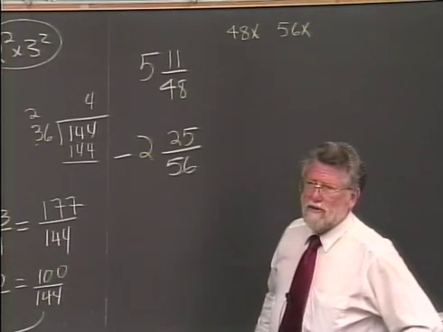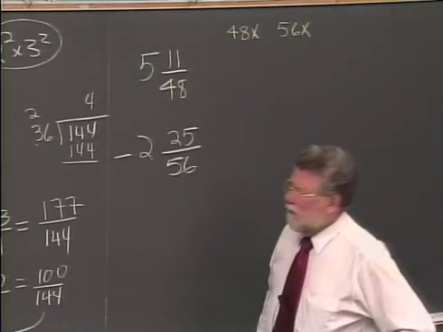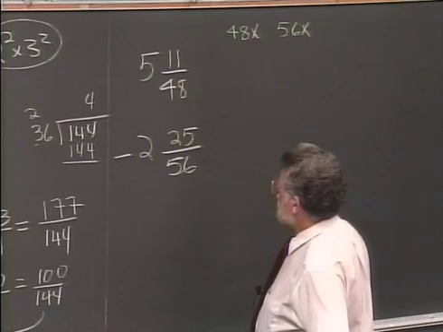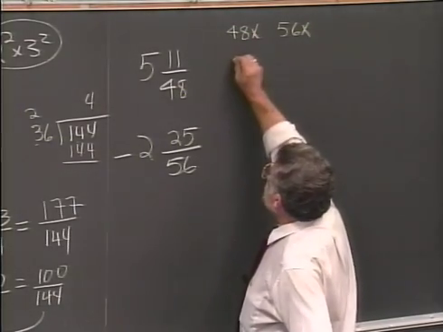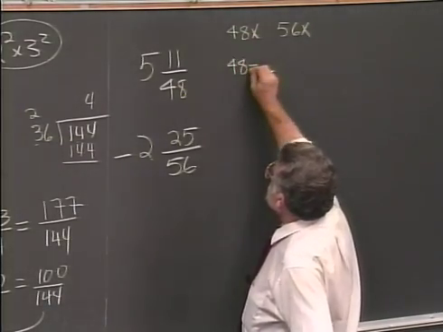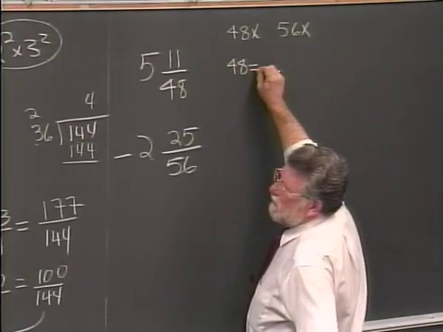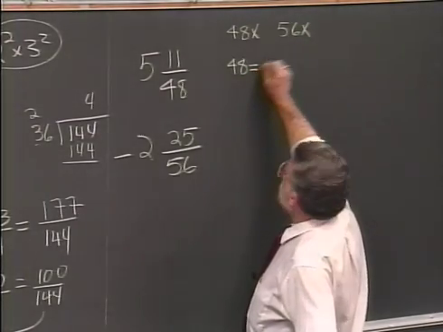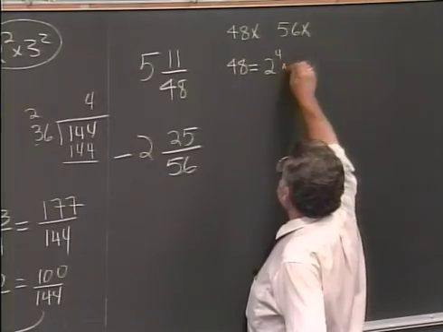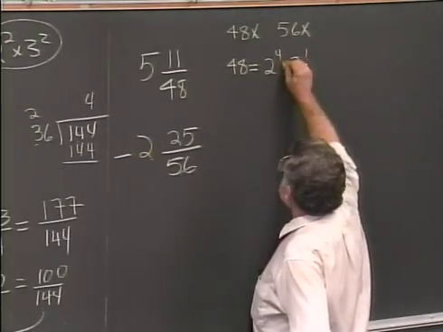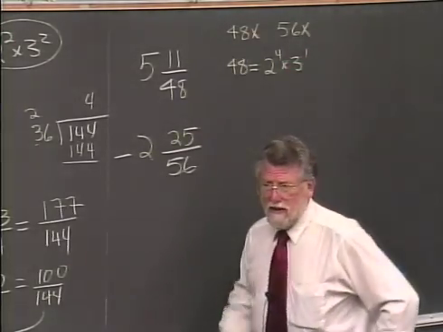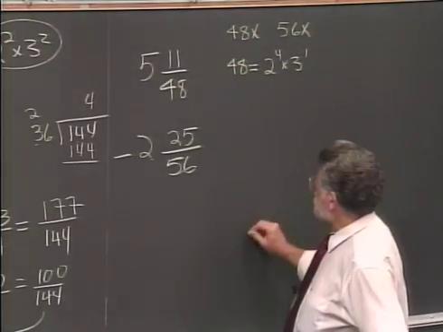I'm going to do primes. Are we ready? The 48 doesn't change. So the 48 we already know from our last problem is what? It's 2 to the 4th and 3 to the 1st. It's that pesky 56 that is going to cause me some trouble.